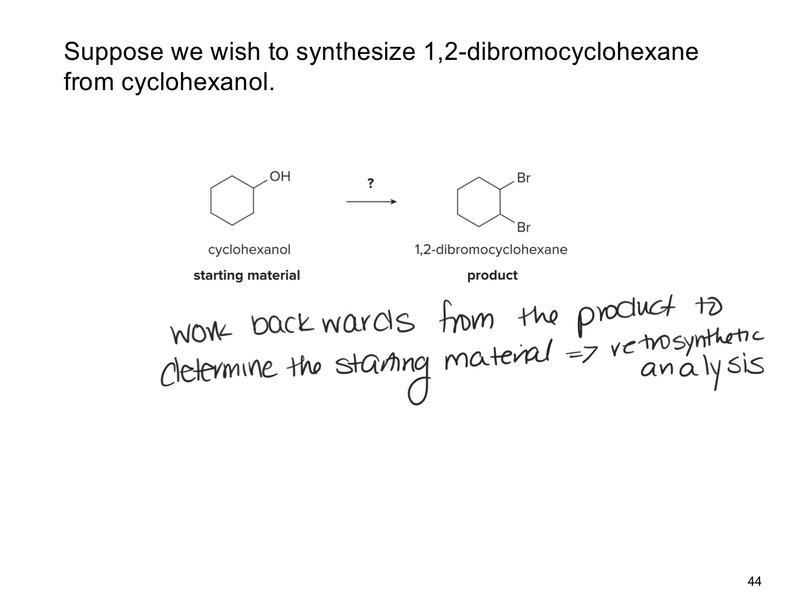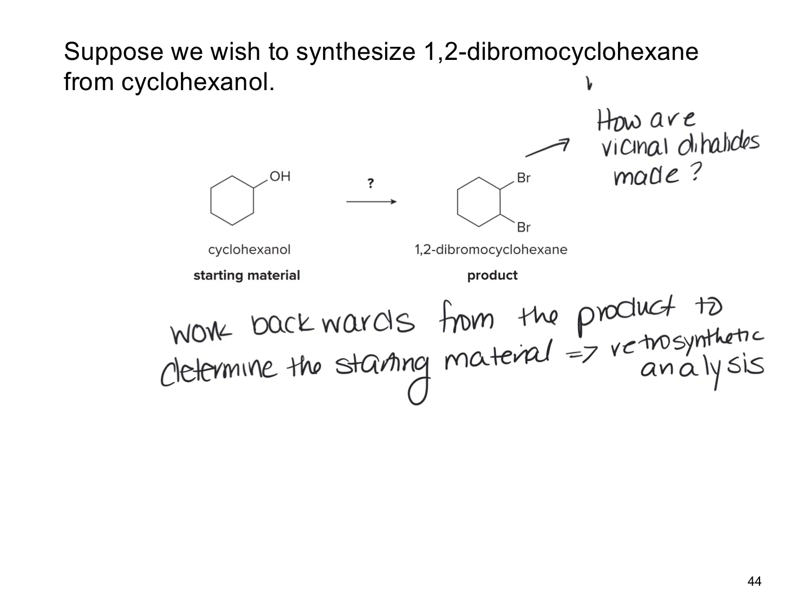So when we work backwards, one of the things that we need to ask ourselves is, that's a vicinal dihalide. How are vicinal dihalides made, right? When we work backwards from the product, we're really asking what type of reactions introduce the functional groups in this product.